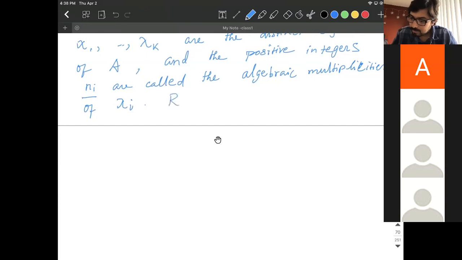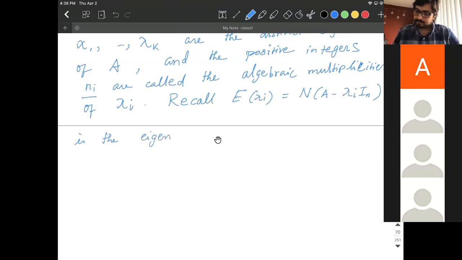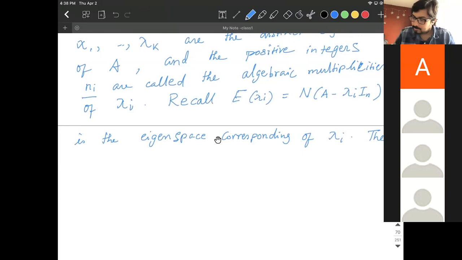Now let's recall a little bit that E of lambda i is the null space of A minus lambda i I_n, the eigenspace corresponding to lambda i. So this is a subspace of R^n.